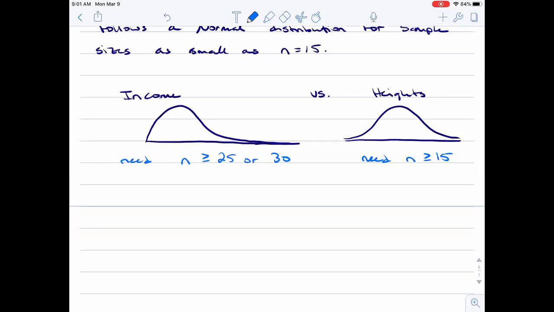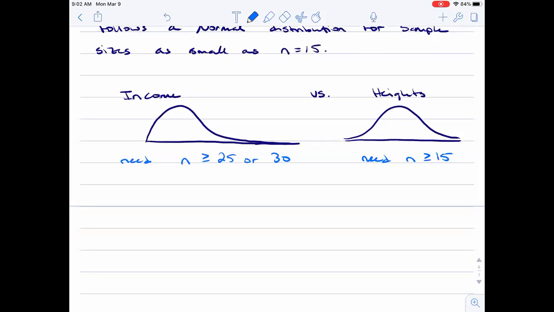Because we're going to have siblings, related people in here, especially if we're talking about something genetic, for example, diseases and things like that. So it's a tricky area. But that is something that we will keep in mind later, that we want large samples, but not too large. Roughly less than 10% of the population is the kind of cutoff.